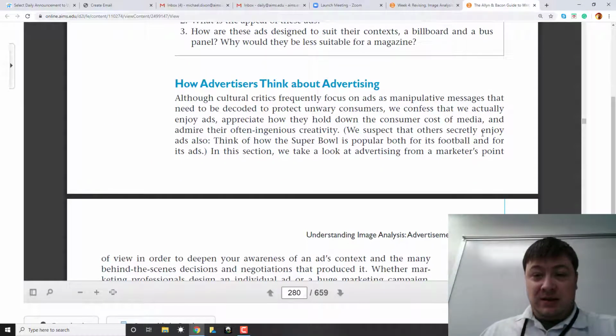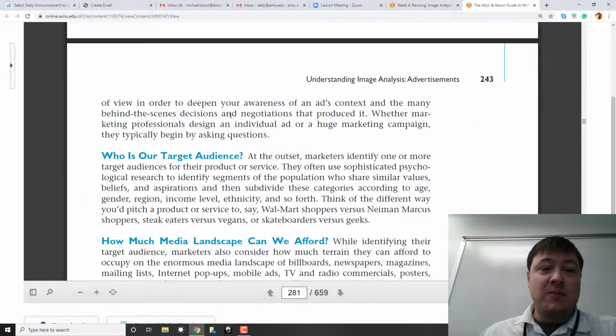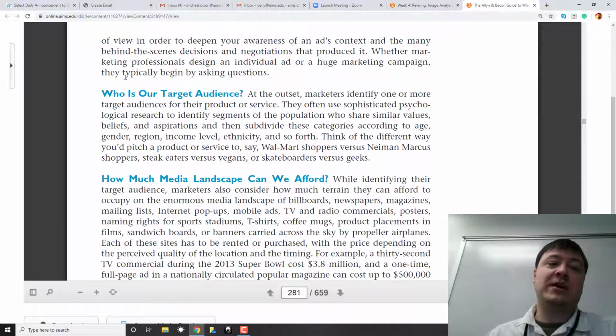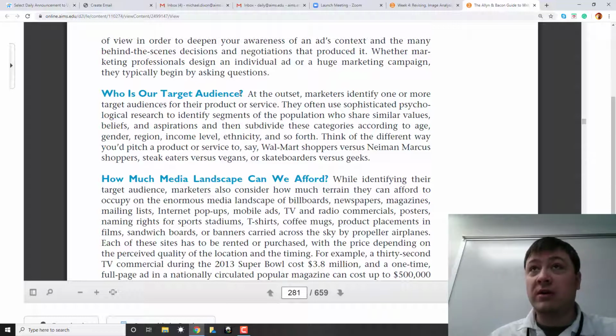So, let's see. What's the most important question when you're breaking down anything? They put it in terms of advertisements, and that's fine, but I would even make it more global. Any text that you ever look at, or even if you're the creator of a text, this is the first question you should always try to figure out: who's the target audience, right?